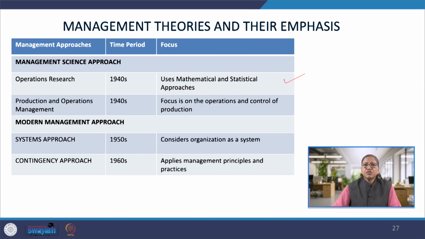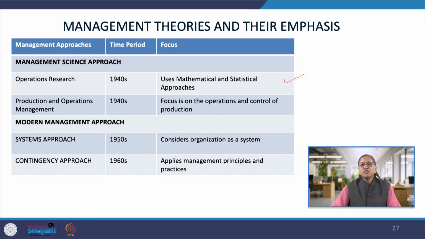The modern management principles: the systems approach dominated in the 1950s and the contingency approach in the 1960s. The systems approach considers the organization as a system that transforms input into output while in constant interaction with its environment.